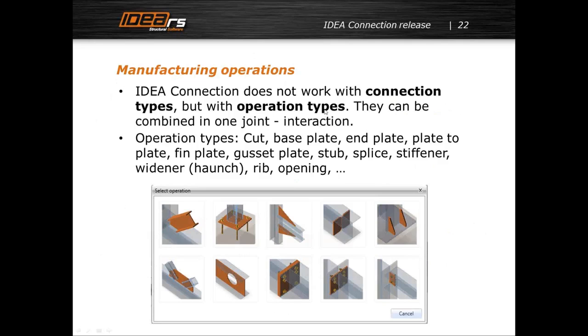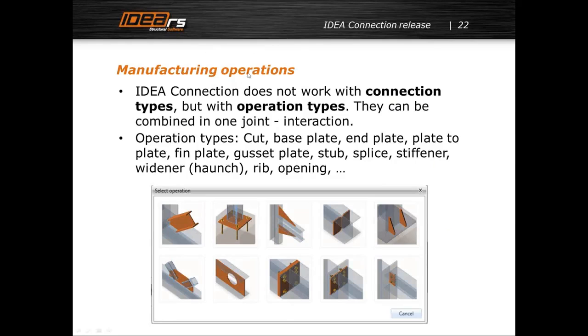We have the general geometry of the connection and apply manufacturing operations. In fact, what is really done when they produce the joint in the workshop, we use the same operations for construction of the analysis model.